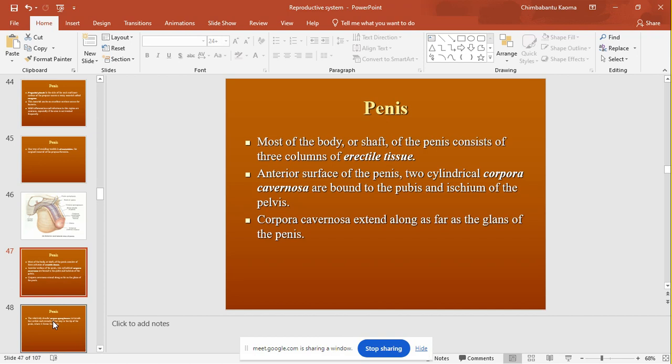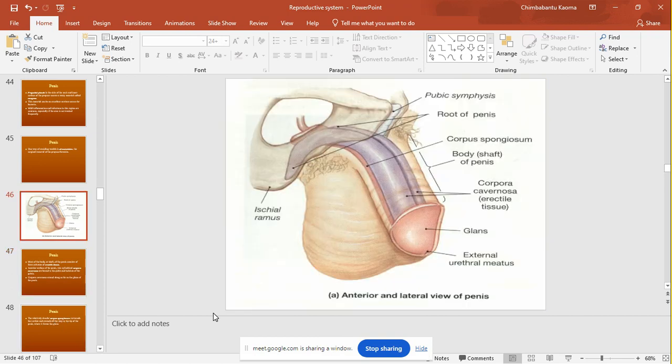Right, so speaking about the erectile tissue, this will be found in the shaft or the body of the penis, and there are three columns. On the anterior surface of the penis, you have two cylindrical erectile tissues, referred to as the corpora cavernosa.